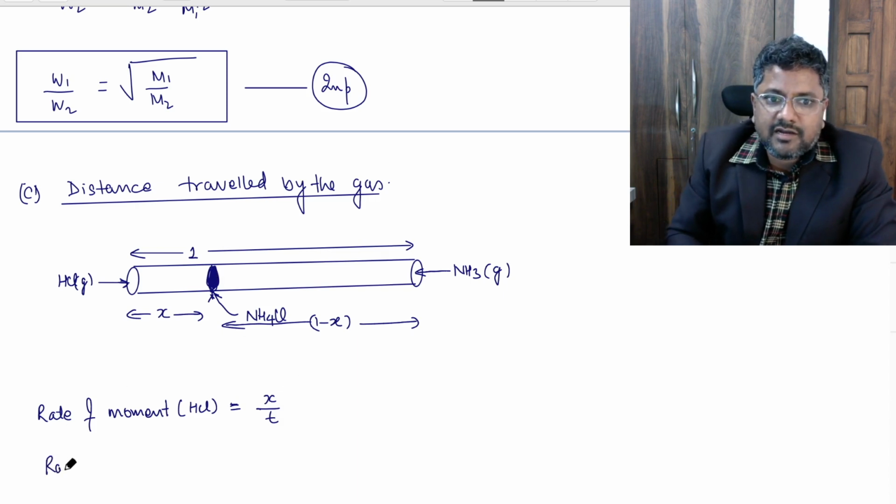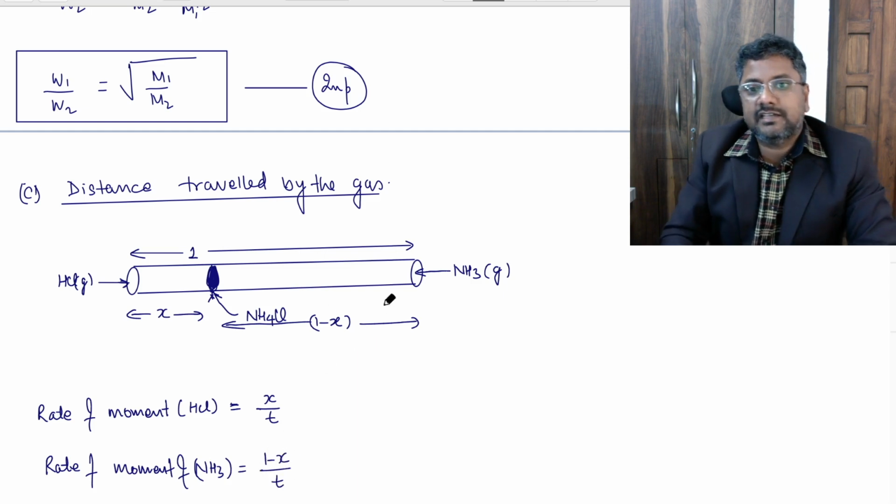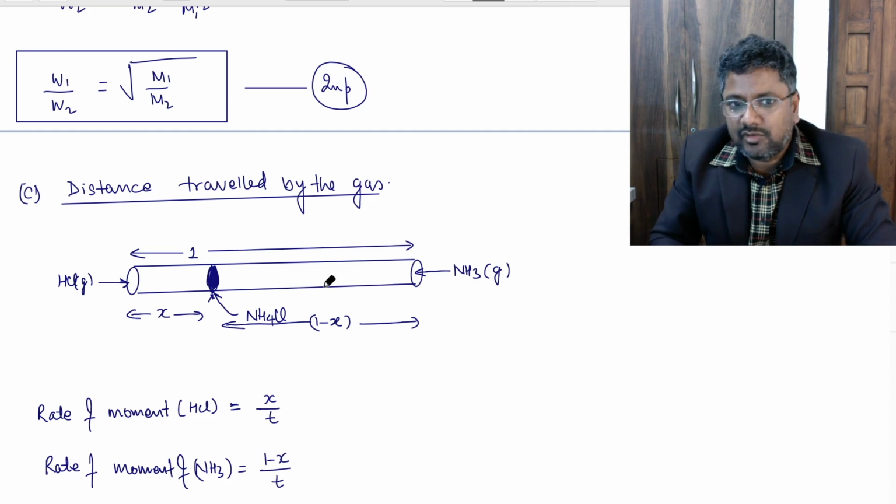Similarly, the rate of effusion or movement of ammonia is equal to 1 minus x by t. This 1 minus x is the distance traveled by the ammonia.